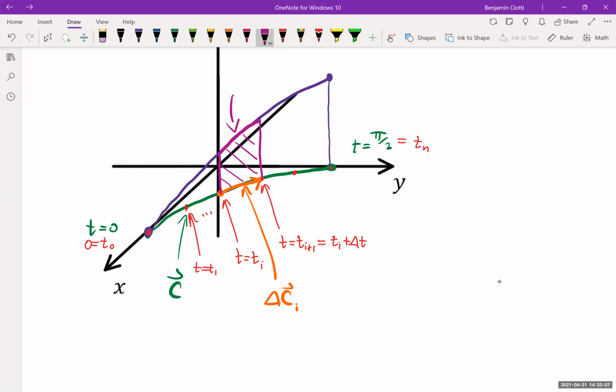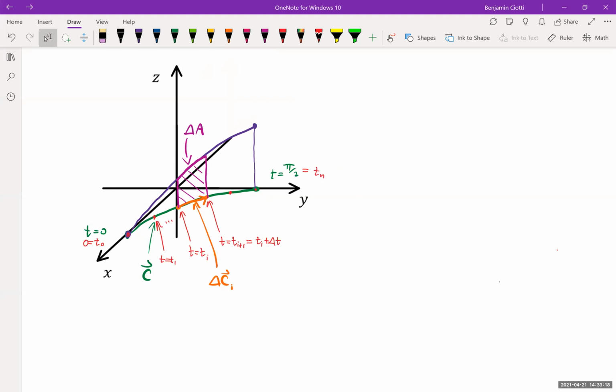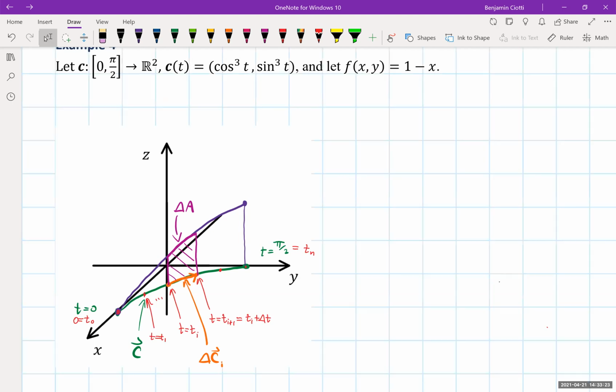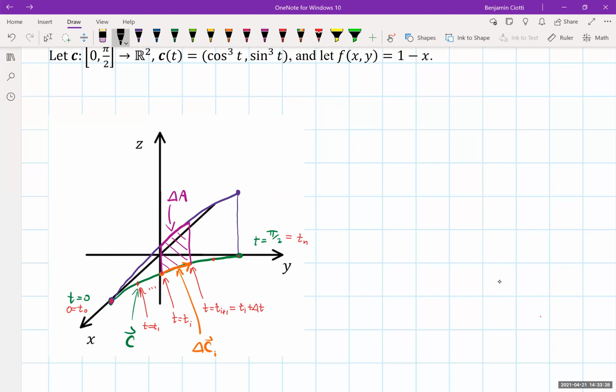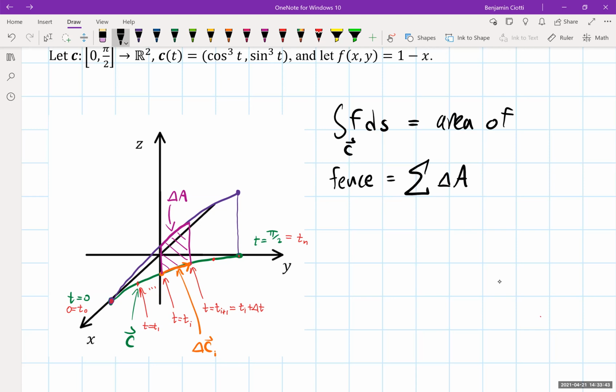Let's call this delta A. How about? So we're chopping the fence into a bunch of fence boards, if you will, and we're going to add up their areas. Okay, so that's the setup in this picture. This is the area of the fence, and it will be the sum of each of the delta A's.